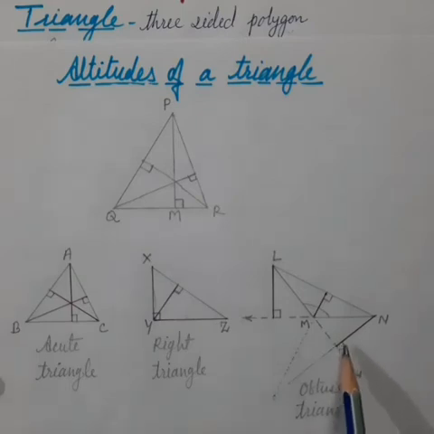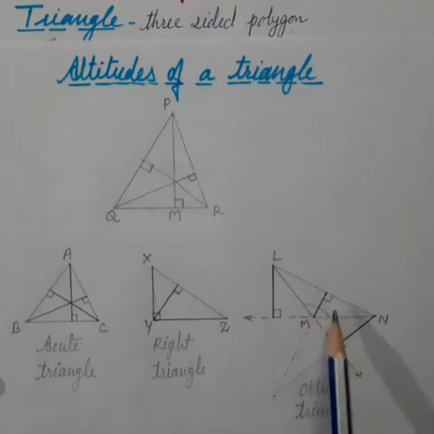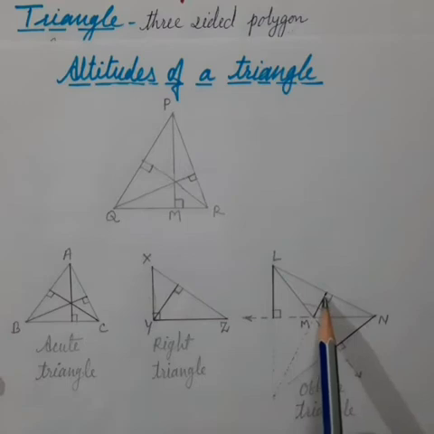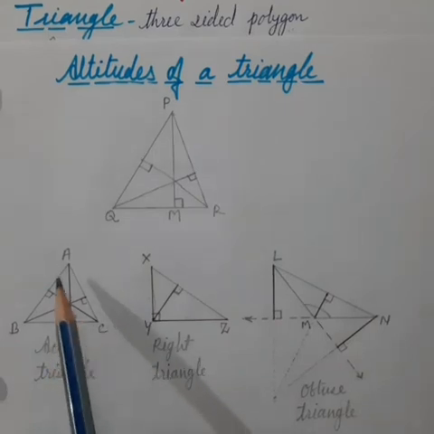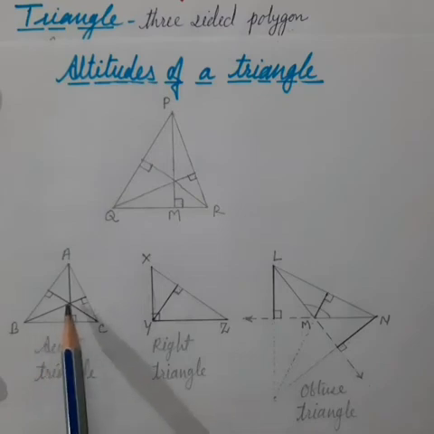It will come the third perpendicular, third altitude. So in this obtuse angle triangle, one altitude is in the interior and other two altitudes are in the exterior of the triangle. In an acute angle triangle, three altitudes meet in the interior of the triangle.